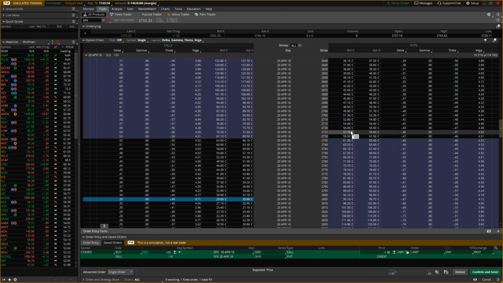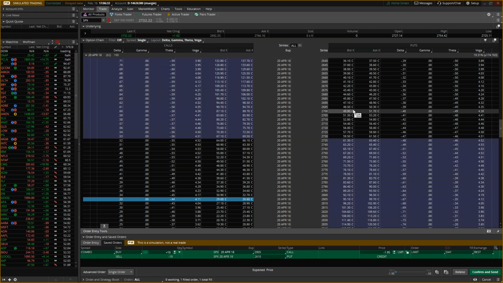Obviously, usually there's more skew to the put side as people are putting on protection. So this bullish risk reversal is much easier to do than the bearish risk reversal, to be quite honest. A lot of people have protection on this. So you can tell the skew to the puts, we have a lot more room to the downside and a lot higher probability to the upside to meet our objective.